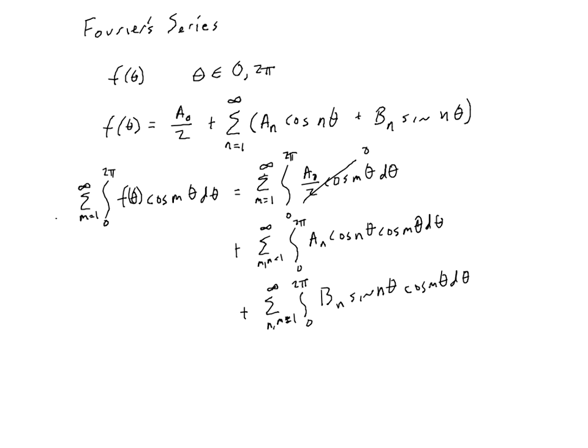Let me show you how that works. If you integrate from 0 to 2 pi cosine squared of, say, n theta, that's n and m the same, d theta, then this is going to give you theta over 2 plus sine of 2n theta over 4n, integrated from 0 to 2 pi, which is equal to pi, right?